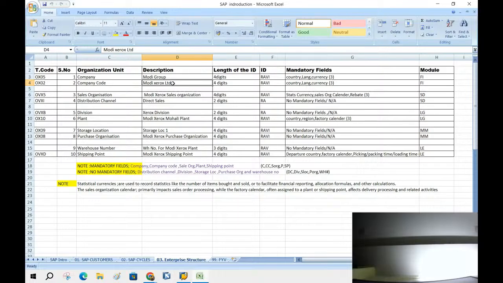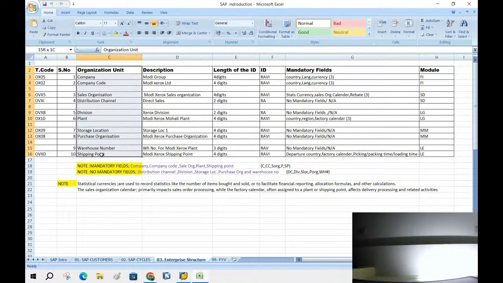Now, the number of organization units to be defined to run my simple order to cash cycle, procurement to pay, and plan to manufacture or plan to produce cycle, which we have seen in our last lecture. How many organization elements do we have to define?